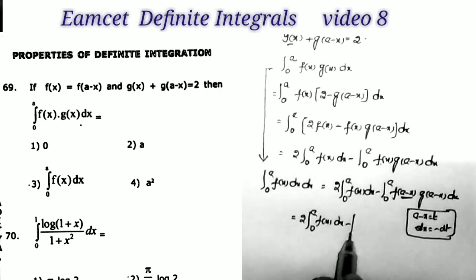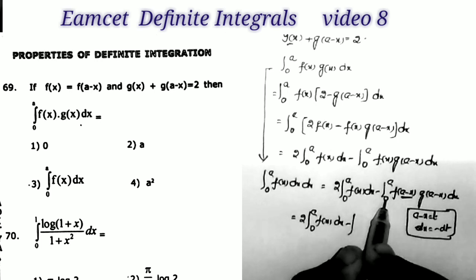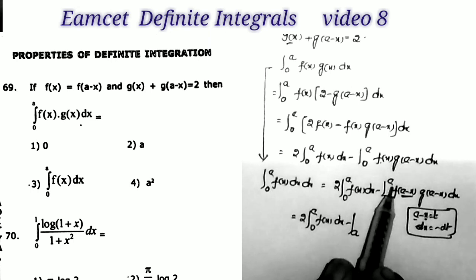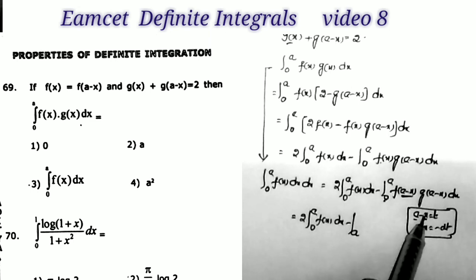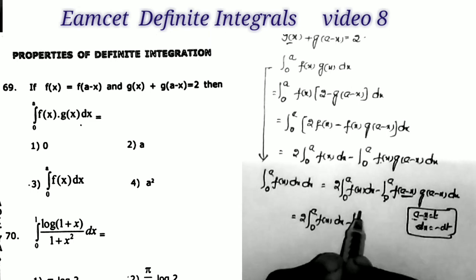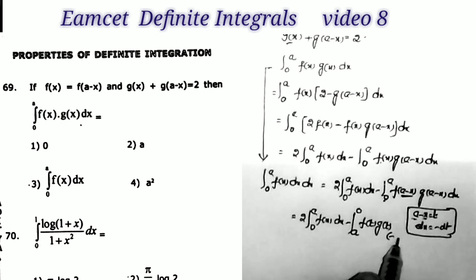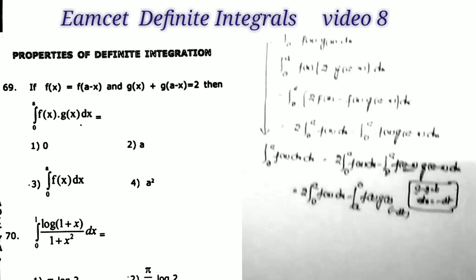Now what are the limits values? x is equal to 0, here the lower limit is x is equal to 0, x is equal to 0 means a minus 0, that is t is equal to a, that is the first limit is equal to a here, and x is equal to a means what is the t value? t is equal to 0, okay, into f of t into g of t into minus dt.